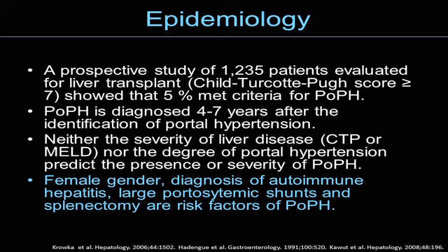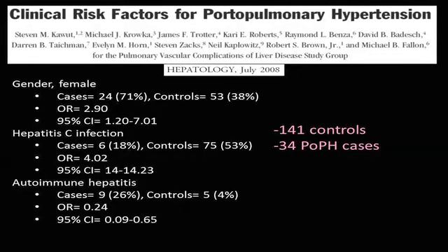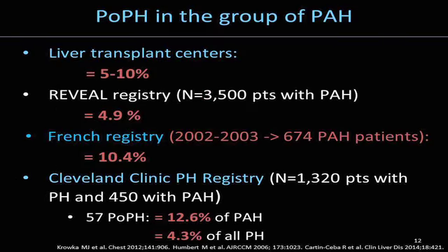This is the study by Coward that showed those risk factors, the female gender and the autoimmune hepatitis. Hepatitis C, in this case, was protective, so patients with that condition had less risk for developing porto-pulmonary hypertension.